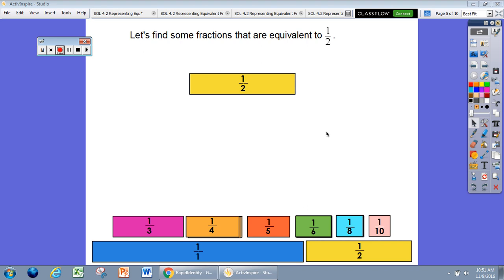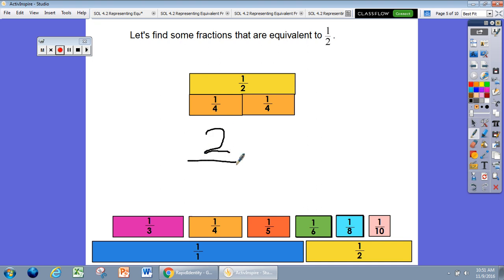Great, you worked it out. 2/4 is equivalent to 1/2. Now let's take a look at what that looks like when we write it out. Here we have 2/4 is equivalent to 1/2.